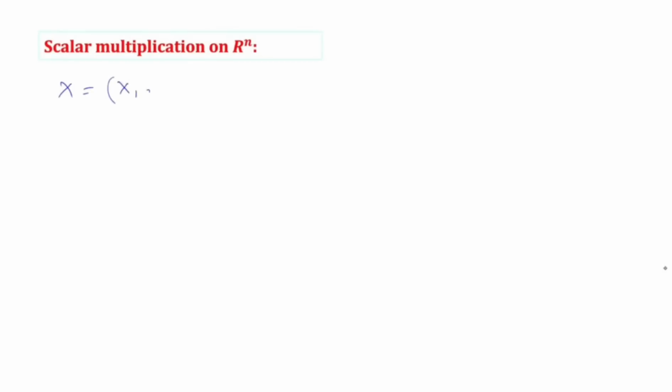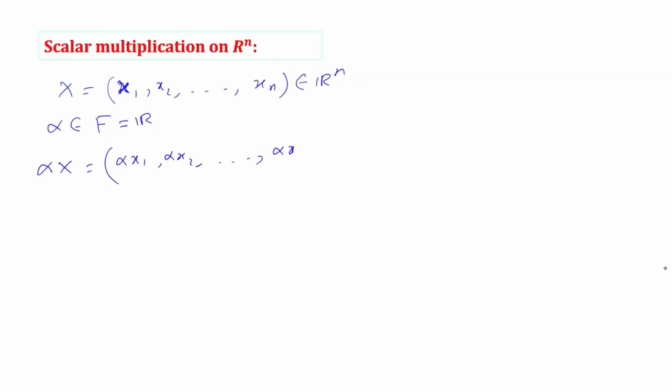Next is how to define the scalar multiplication on Rn. So let x = (x1, x2, ..., xn) belong to Rn, and alpha is from the field, which here is the real numbers. Then alpha x, the scalar multiplication of scalar alpha with vector x, can be given as (alpha x1, alpha x2, ..., alpha xn).